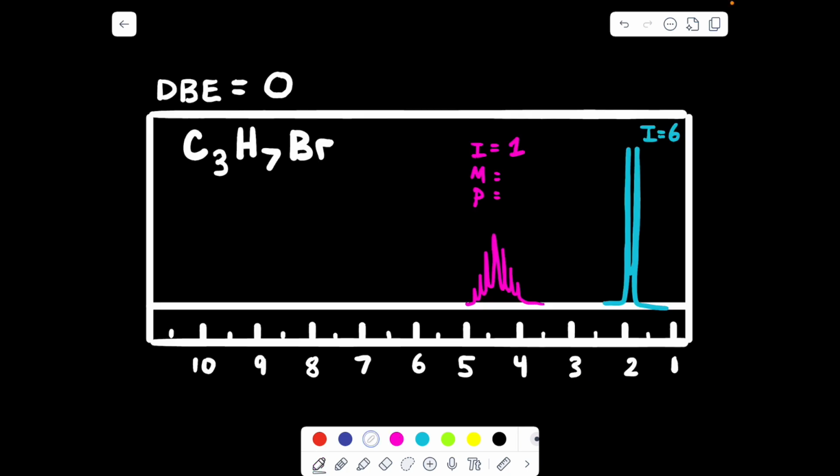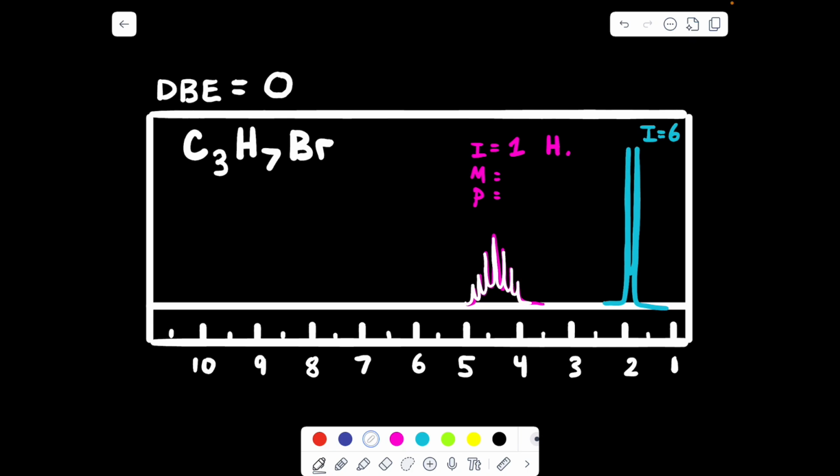Okay, coming back to the hydrogen party. So integration of 1 for the pink region. What does this mean? Well, it means we're talking about 1 hydrogen, so this is literally just 1 H. Now if you want to ask how many neighbors does this hydrogen have, we have to look at the multiplicity. Counting the number of little mountains, 1, 2, 3, 4, 5, 6, 7.